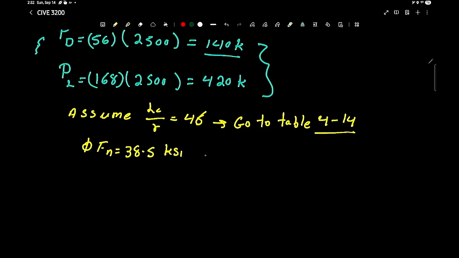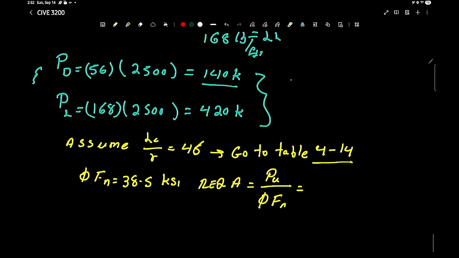And then let's find the required area, and that's going to be Pu divided by phi times Fcr. Our Pu, we don't know that, so let's do a Pu. Pu is equal to 1.2 times 140 plus 1.6 times 420, and Pu comes out to be 840 kips.